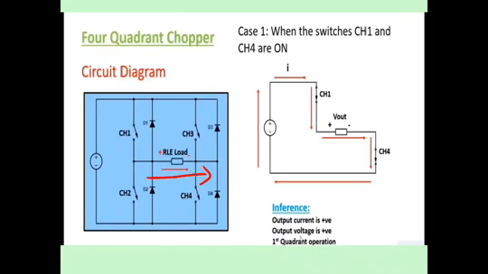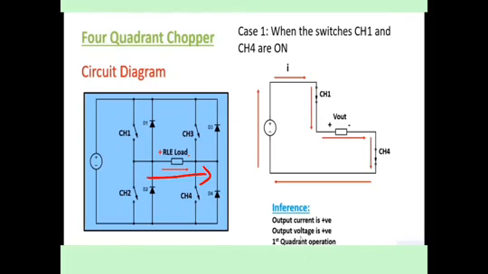We have this 4 quadrant operation. The circuit diagram has 4 choppers, which will operate in different quadrants depending upon the on state and off state of the choppers. Let us consider the first case.